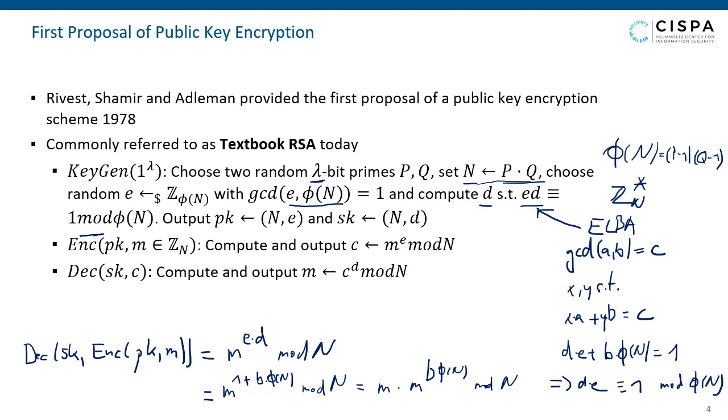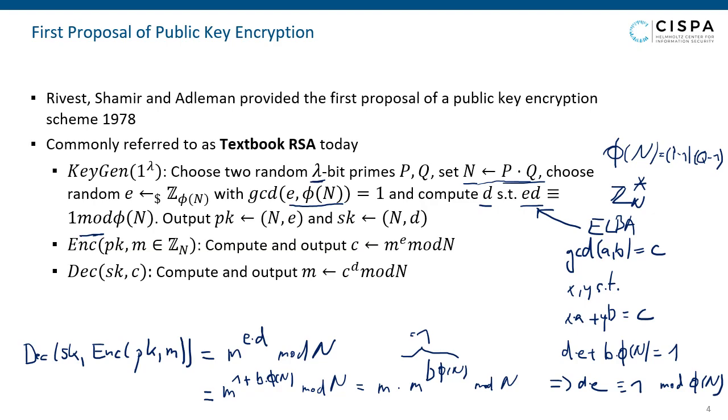We just get 1, if we're in the multiplicative group of units. But okay, so much for a quick reiteration of the textbook RSA scheme.